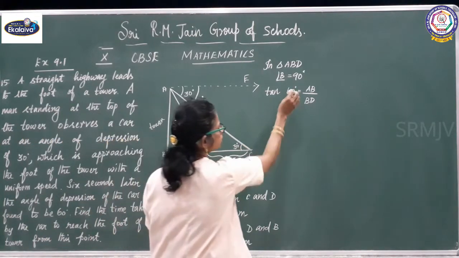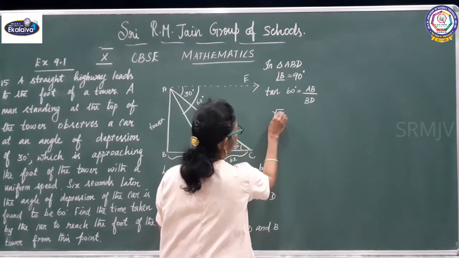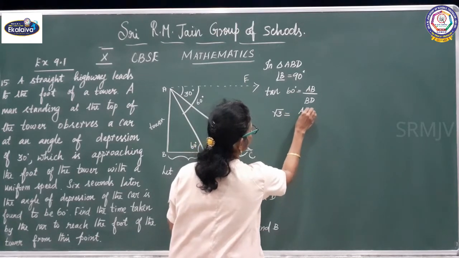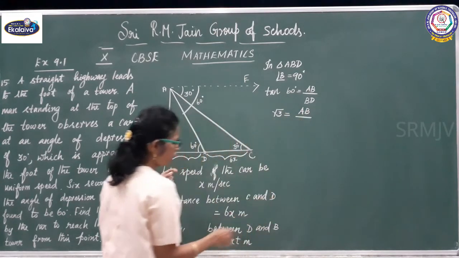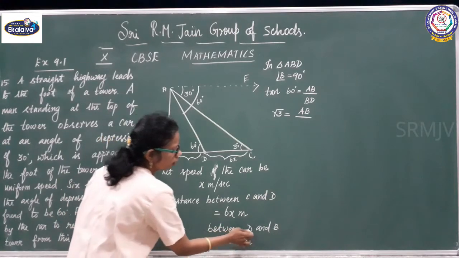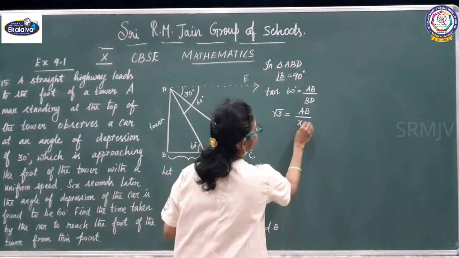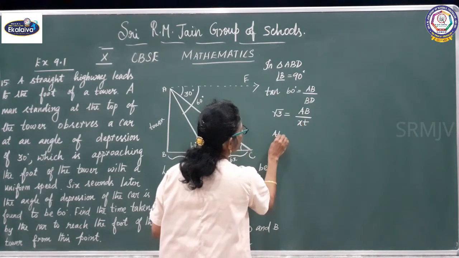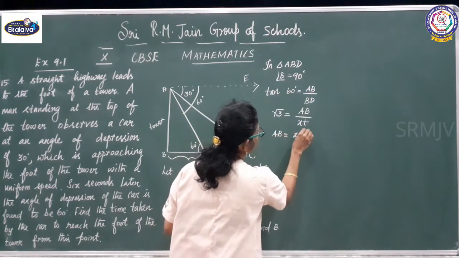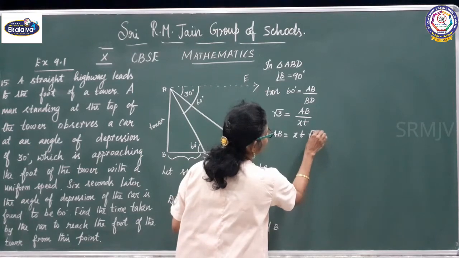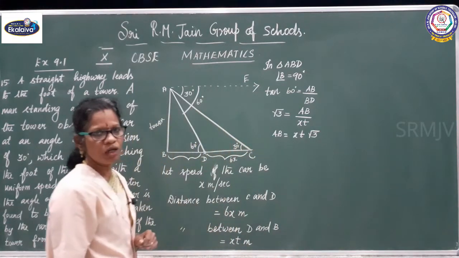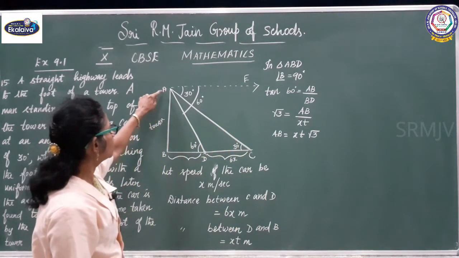Next, what is tan 60 degree? That is root 3. Root 3 equal to AB divided by, what is the distance between D and B? We consider here xt. So AB equal to xt root 3, right? Now we pass on to the next triangle.